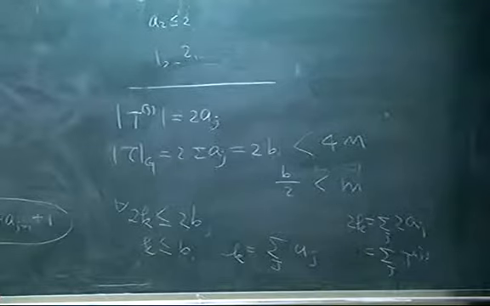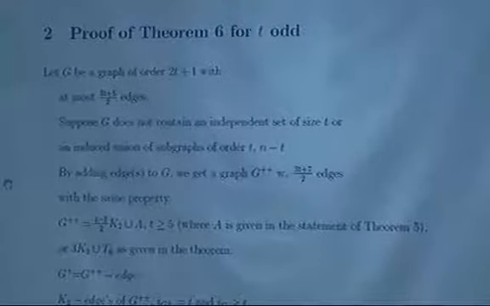Okay, this one I don't need today. So the proof of this theorem for T odd. There are 2 things we must prove. First, the minimum number is the one which I stated in the theorem. And the second is the extremal numbers: all the extremal numbers are also the ones stated in the theorem.